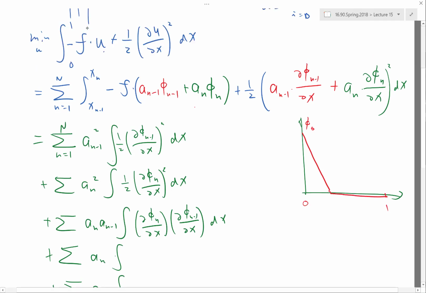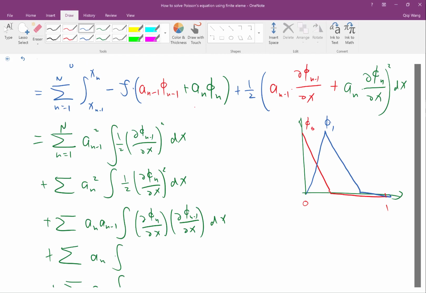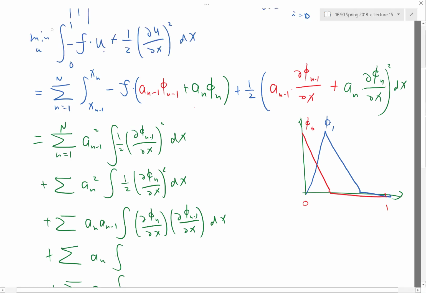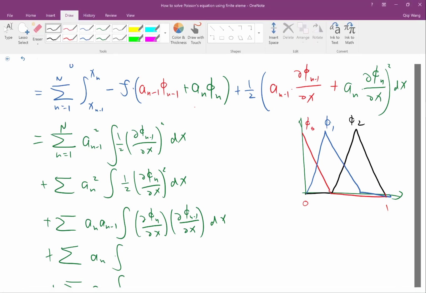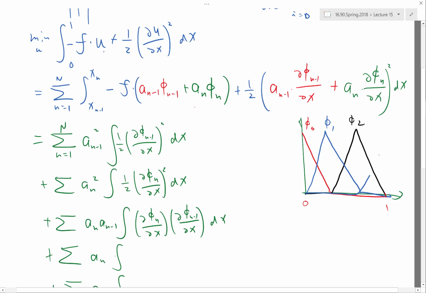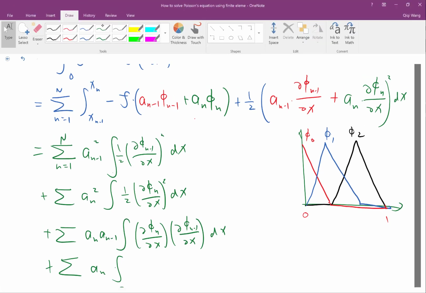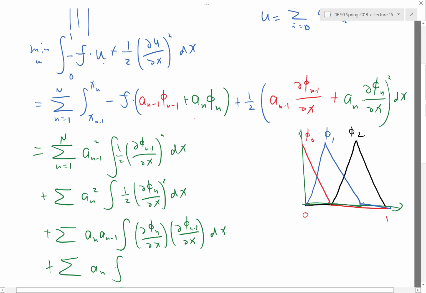And the next one is phi 1. Okay, and the next one, let's use phi 2. And I have the green, which is phi 3.